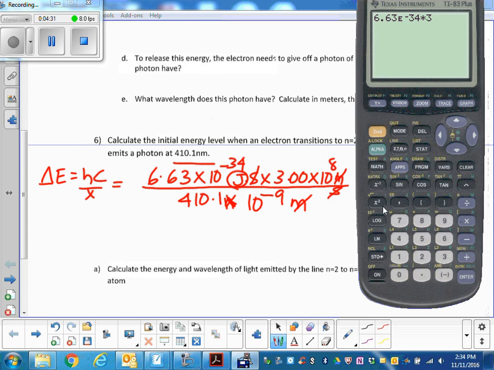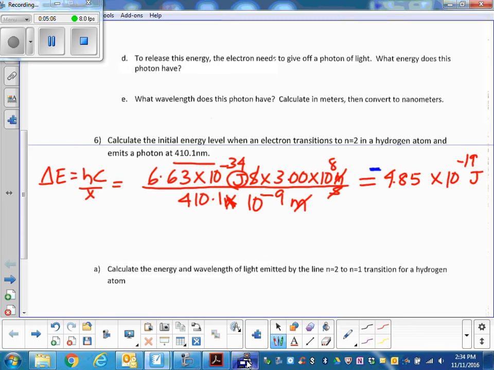Times 3 to the power of 8, is that right? Divided by 410.1, and it's to the power of negative 9, right? I hit enter, and that's the answer I got. Do you see e to the negative 19? Okay.